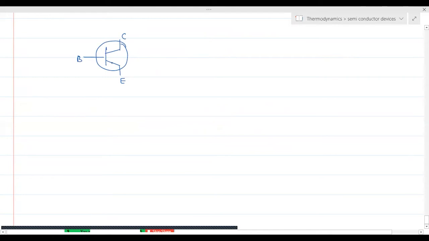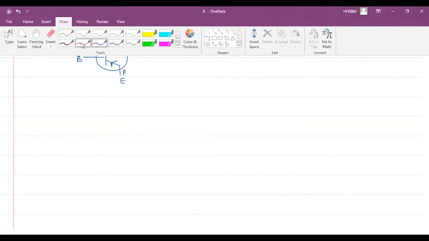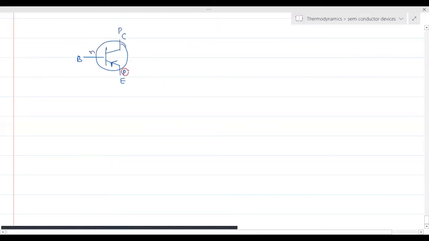Suppose we have an arrow like this, and the arrow is pointing upwards. Then we take this as a PNP transistor, so this is P, this is N, and this is P.